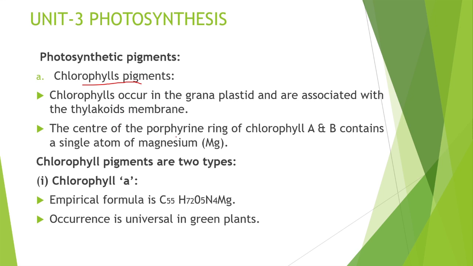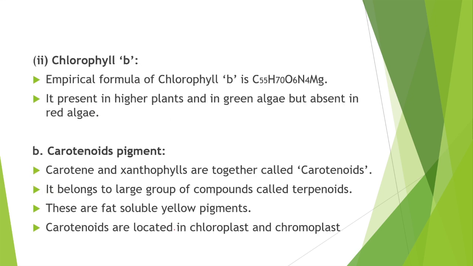These chlorophyll pigments are of two types, chlorophyll A and chlorophyll B. The empirical formula of chlorophyll A is C55H72O5N4Mg. In all the green plants, chlorophyll A is present. Chlorophyll B is present in higher plants and also in green algae, but it is absent in red algae.